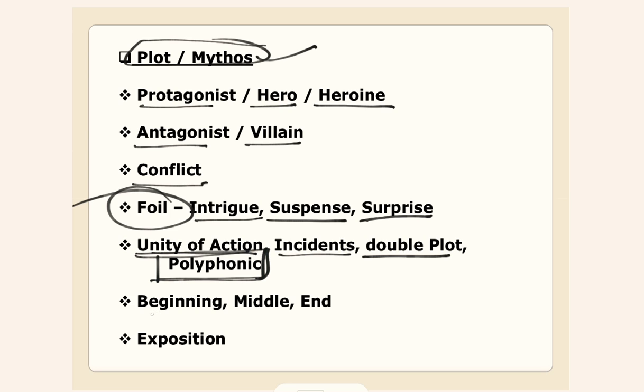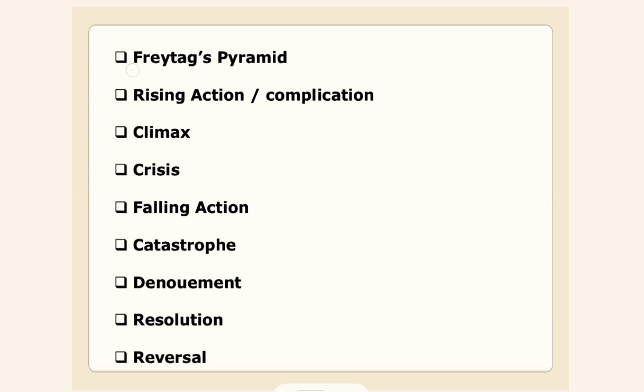So every literature has beginning, middle, end, and exposition or characterization. Freytag's pyramid. Please remember Freytag's pyramid.